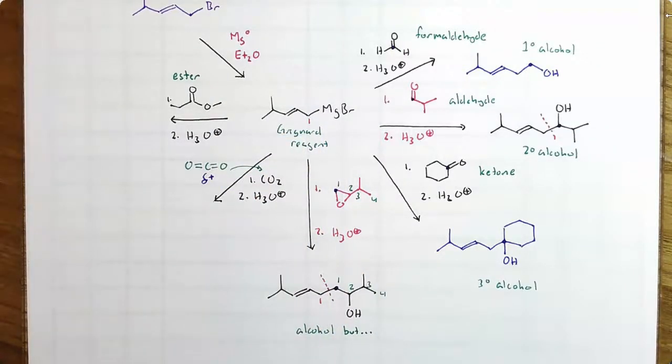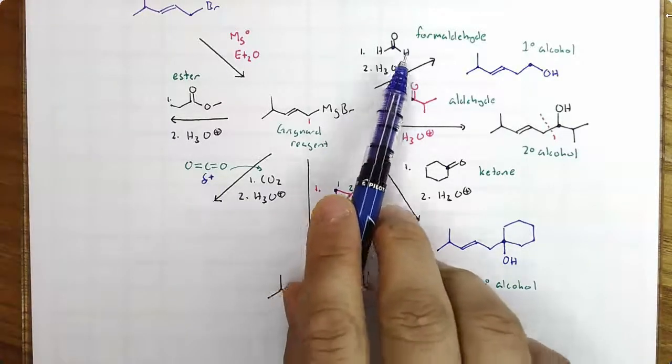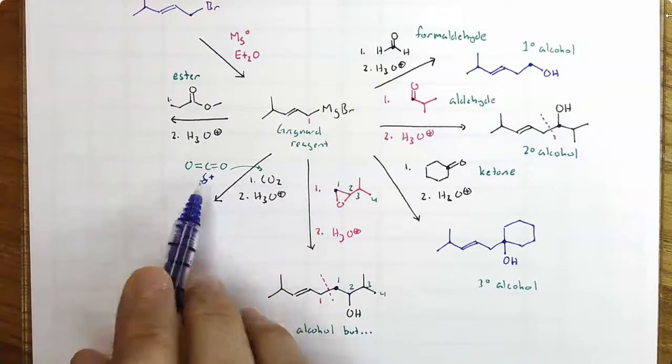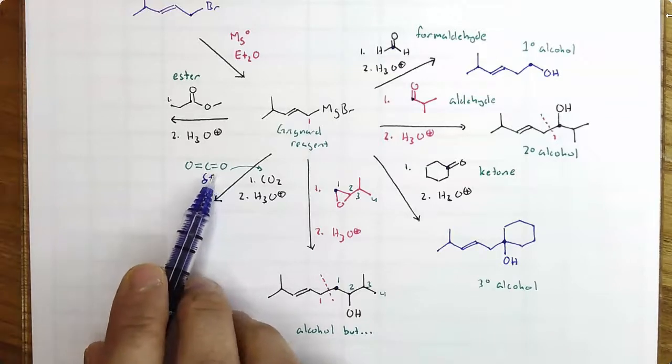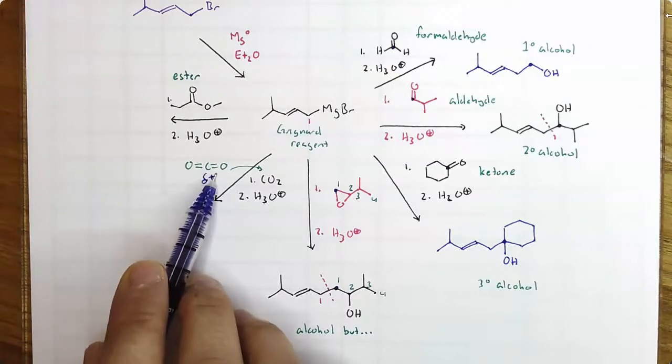Even if you haven't seen this reaction, based on the mechanisms of these first 4, you should know what happens here. Because once that carbon gets attacked, you know you're going to make this carbonyl group an OH. The thing is, this carbonyl group, nothing happens to it. You just pick one of them to make the OH.